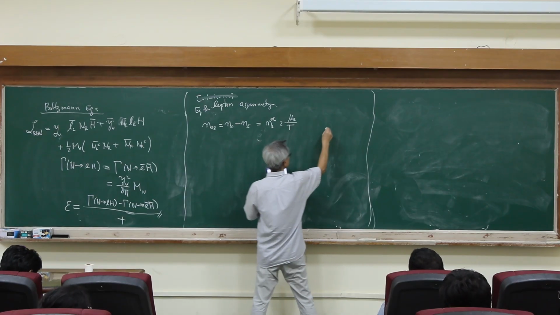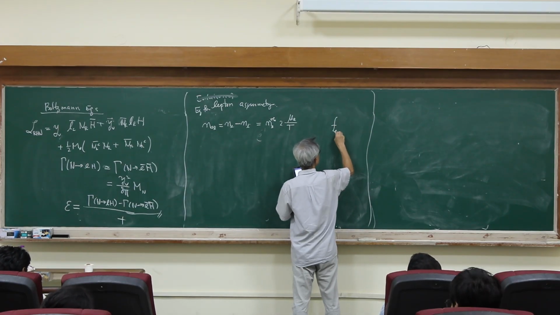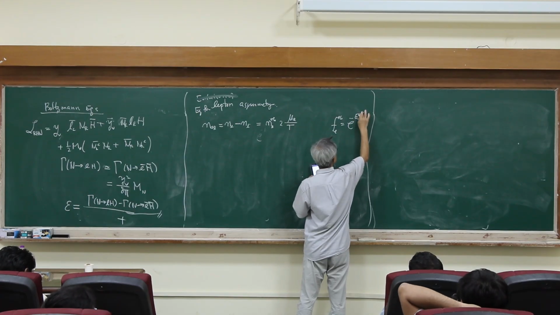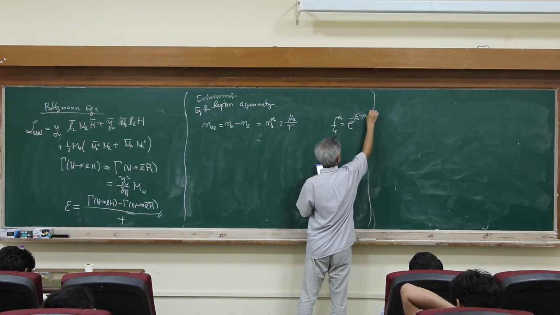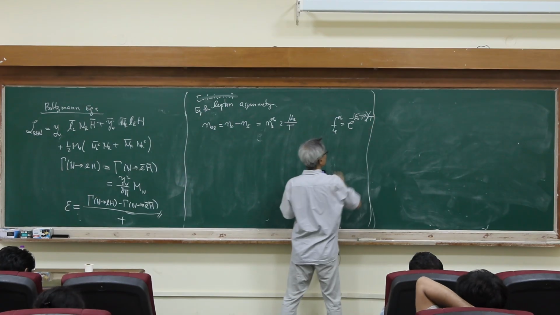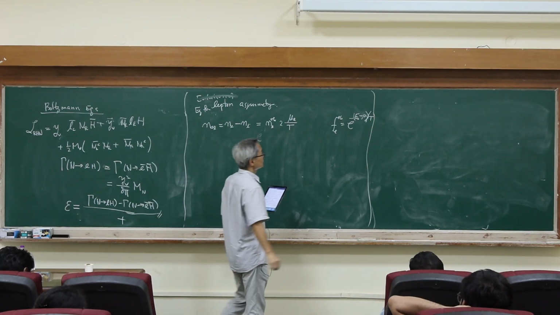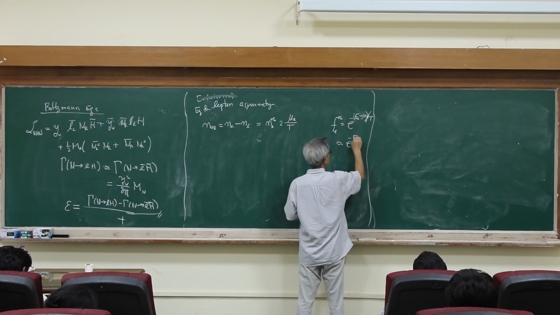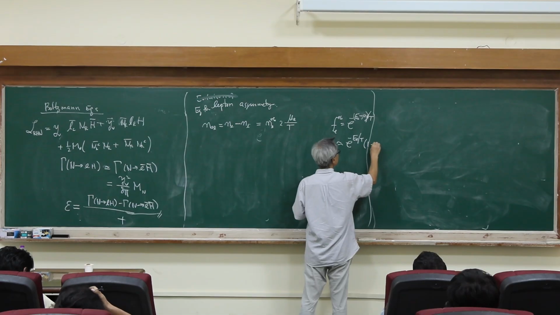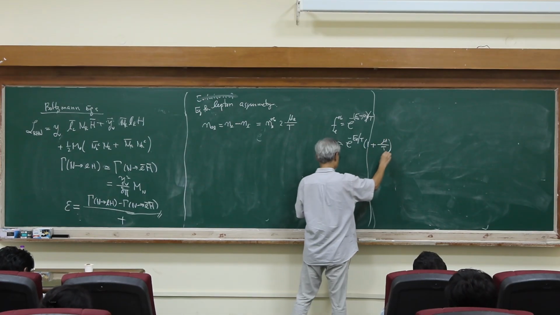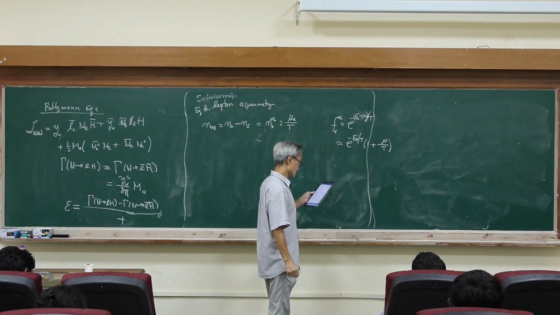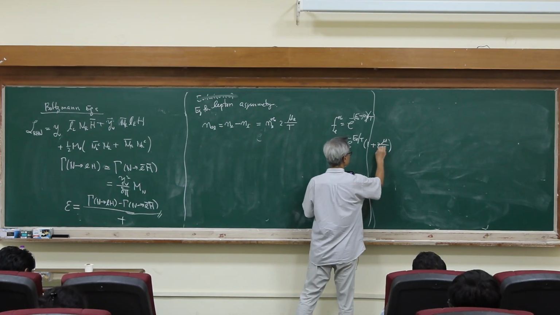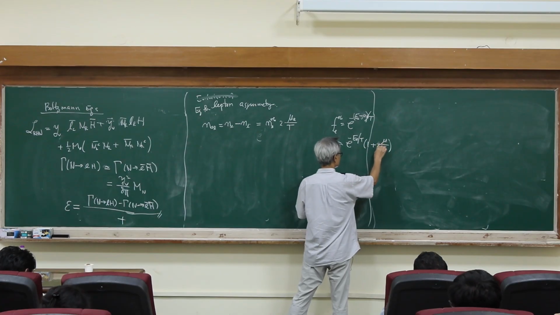Taking the Boltzmann approximation, if there is an asymmetry mu, then this will be... is there a factor 2?